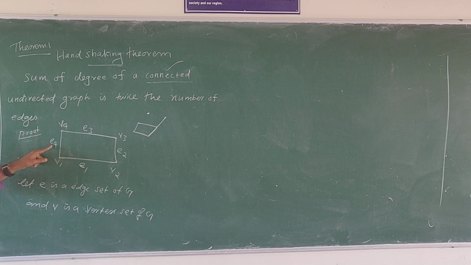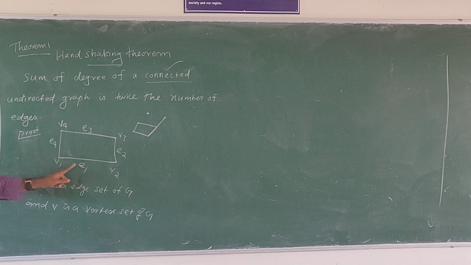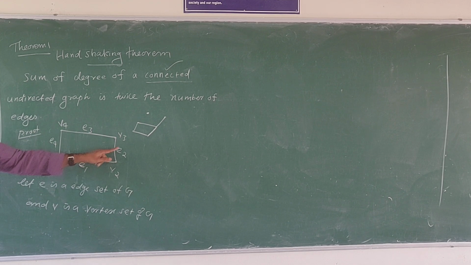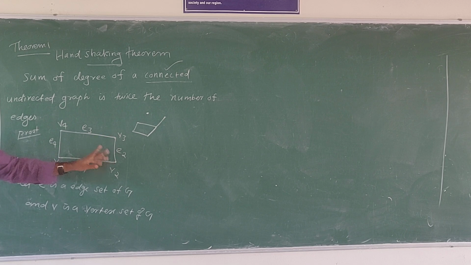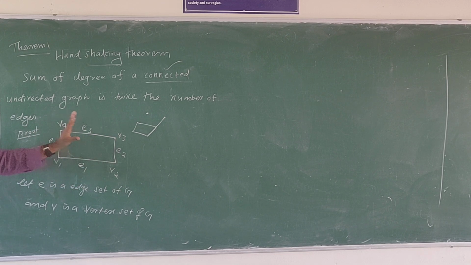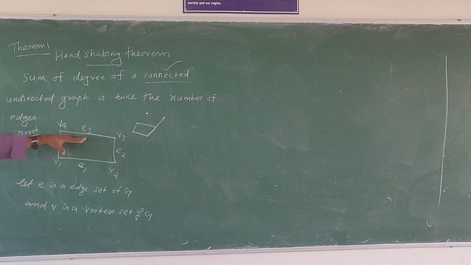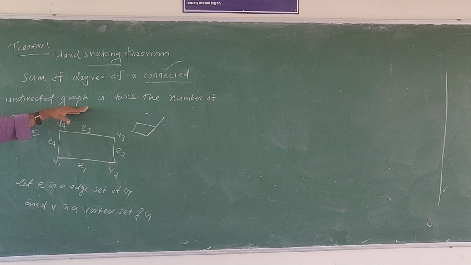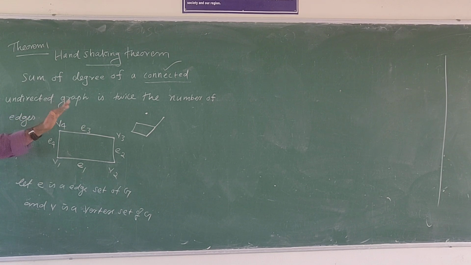E4 contributes how many vertices? 2 end vertices. E1 contributes 2 vertices. Like that E2 contributes 2 vertices. So every edge contributes 2 vertices.